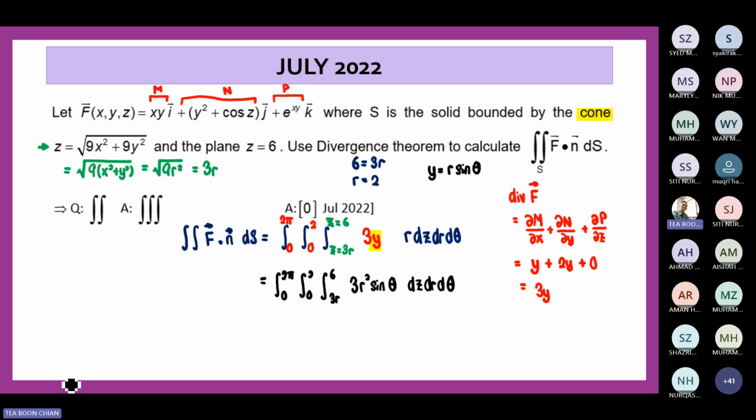So now, if you want, you can proceed to find the integration. The constant 3, I can pull it out first, followed by integrate with respect to z.